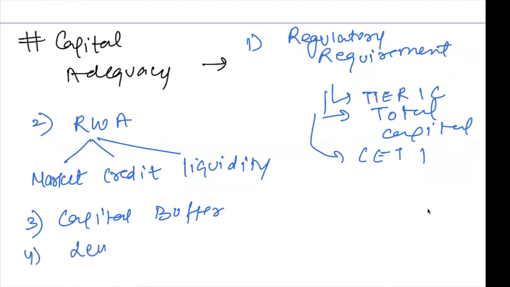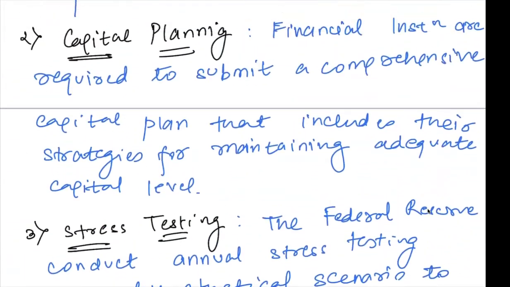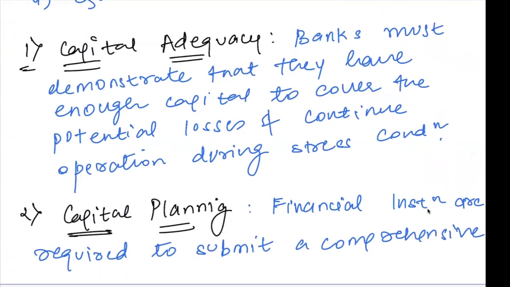The point I'm trying to say is right now we are just going at a surface level understanding of what CCAR is, because each component again is very detailed. In the interviews, what they want you to understand is the overall process and how to build a quantitative model, because you'll be applying for a quant analyst role.